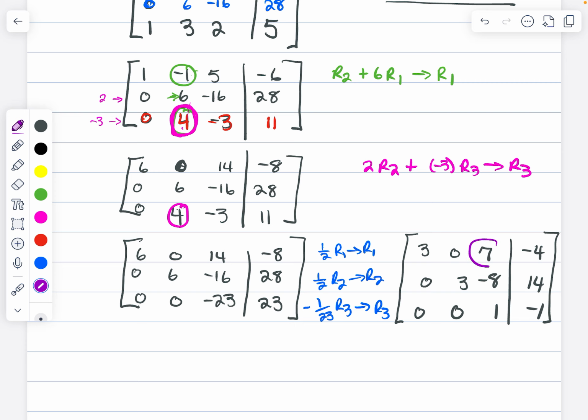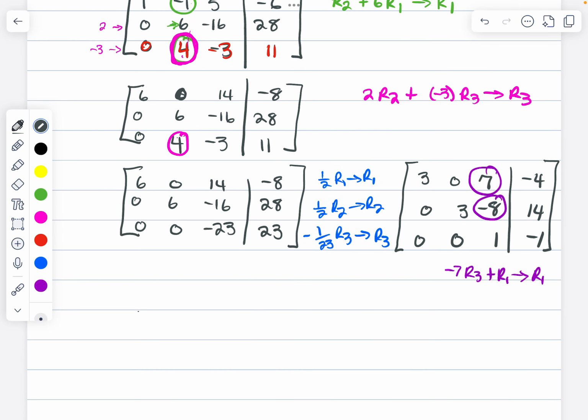And then remember, our goal is to make these two numbers 0. So dealing with 7, if we take row 3, multiply it by negative 7, add it to row 1, replace it in row 1, we'll have what we want. So that's what we're going to do right now. Again, we're taking negative 7 times row 3, adding it to row 1, and replacing it in row 1.